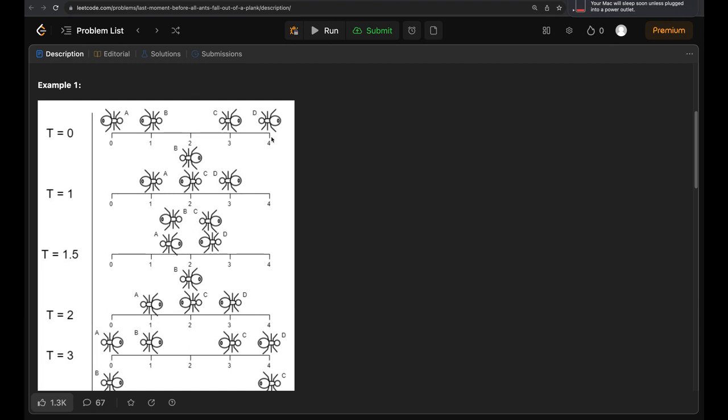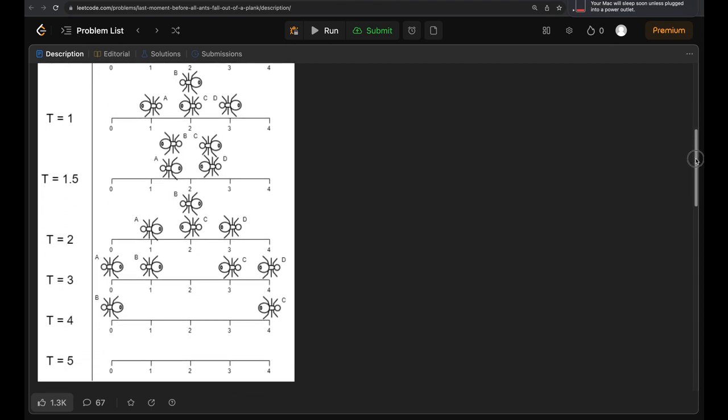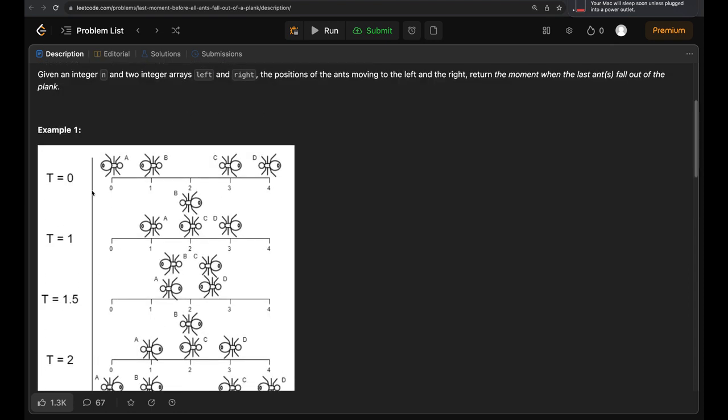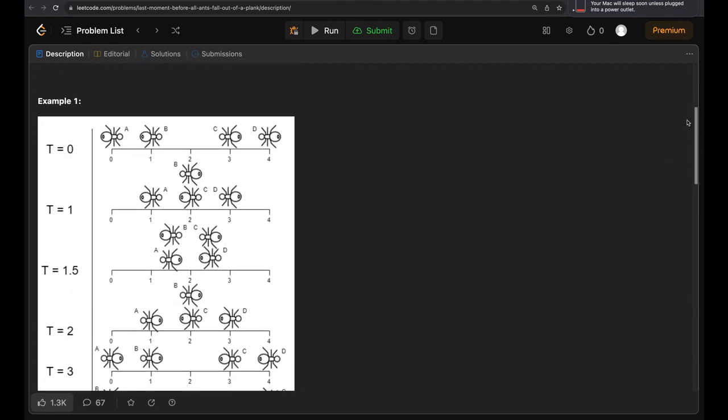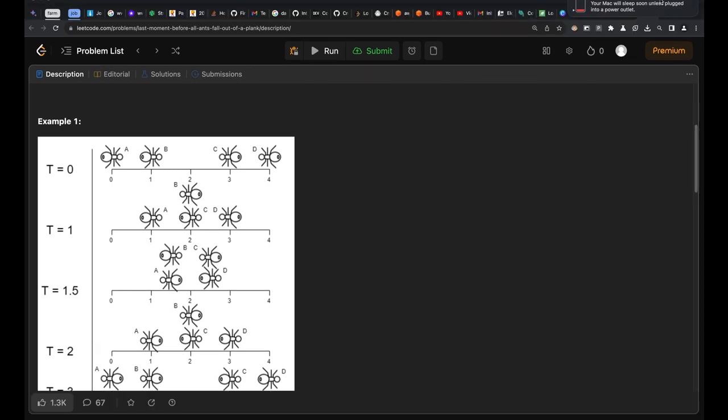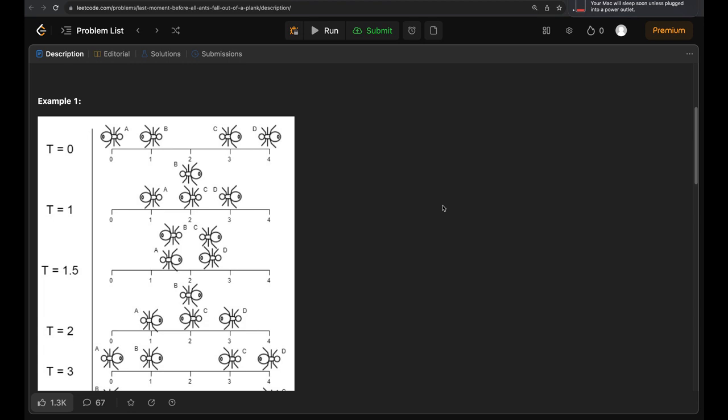In such a case, the ant at 4 would take 1, 2, 3, 4 amount of time to fall, right? The same goes with the zeroth position ant, which is A, maximum of 4 and 4. That means the maximum of A and D is the same, which is equal to 4. So we are going ahead with an answer of 4. This is the simplest logic which we can say.